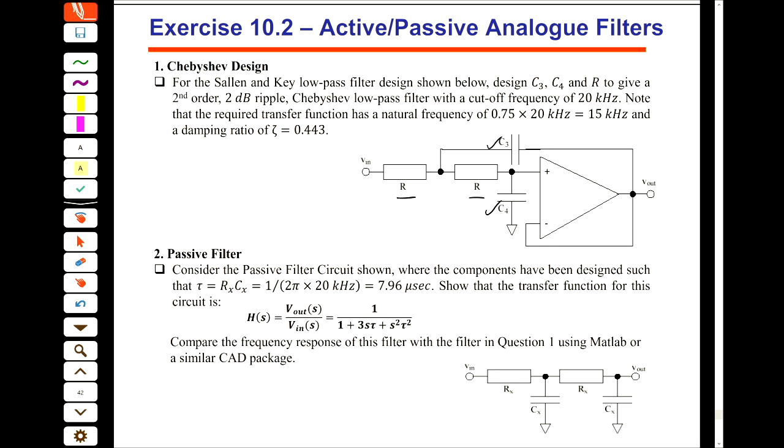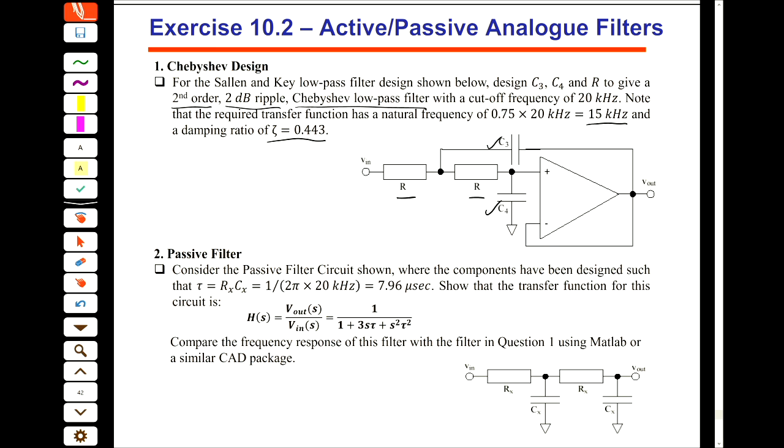Design this filter in such a way that it is a second order filter and it has a natural frequency at 15 kilohertz and a zeta of 0.44, which equals to a Chebyshev filter with 2 dB ripple. So these two are equal.